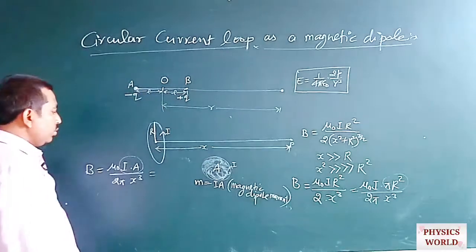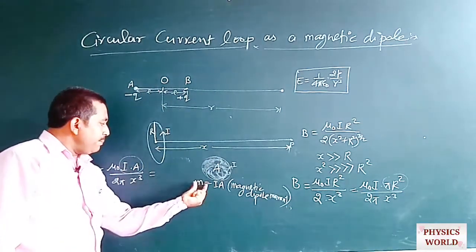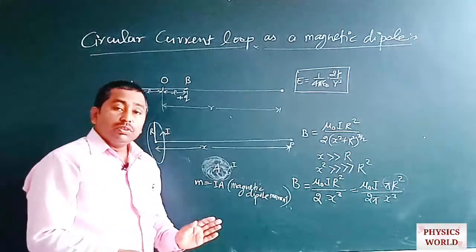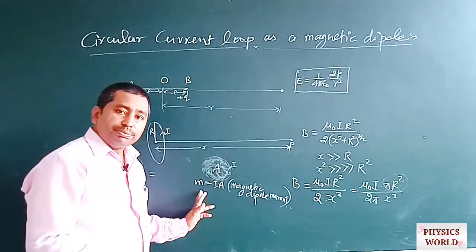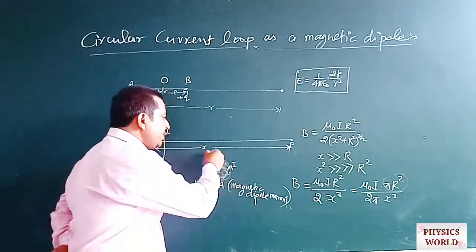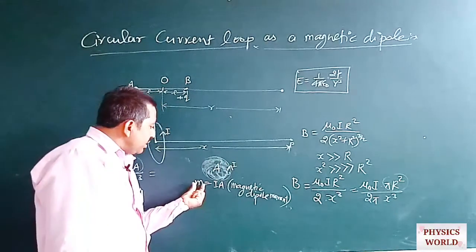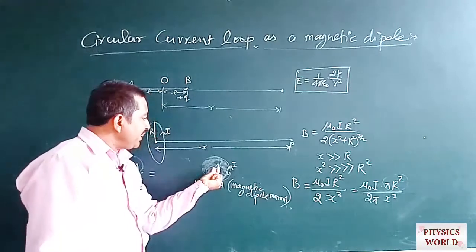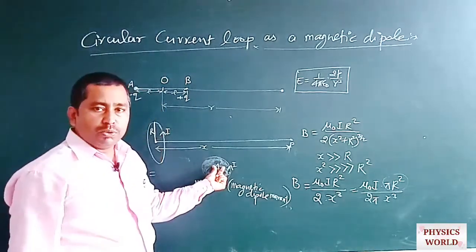Okay, so if we replace this I·A by the term m, and this m is a vector quantity. If the direction of current flowing through the circular loop is anti-clockwise, then the direction of the magnetic dipole moment is always emerging out from the plane of this board.